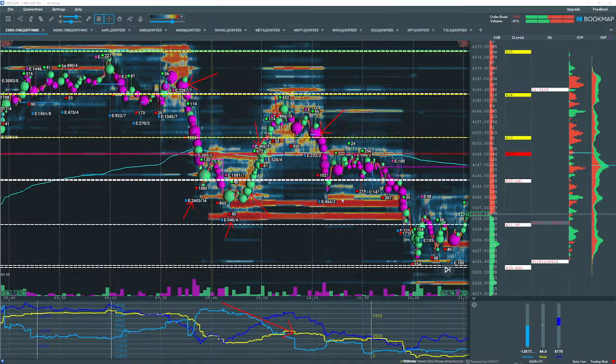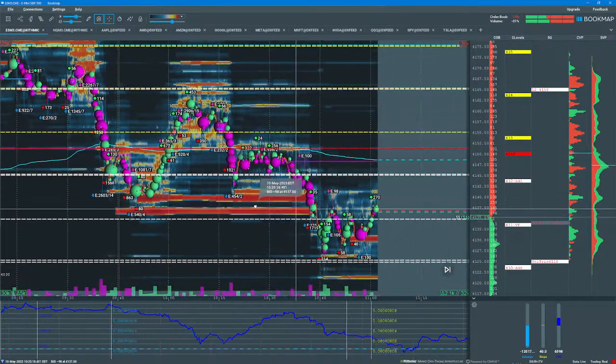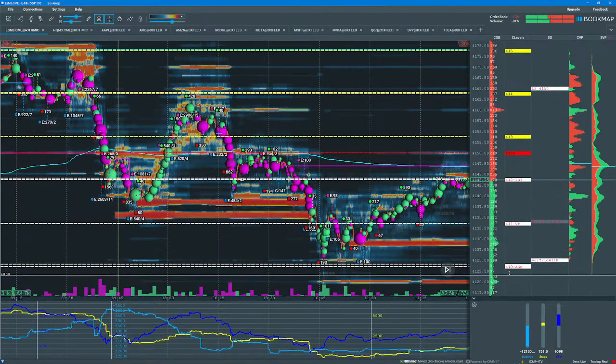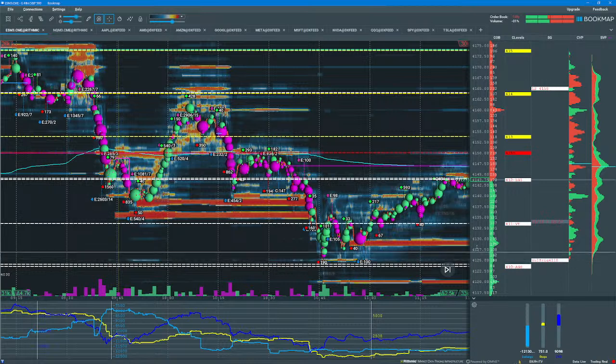Note the green volume dots moving up, and then the pink volume dots as price moves down, down toward the SPY 410 absolute gamma strike, as well as the SPX 4110 volatility trigger.